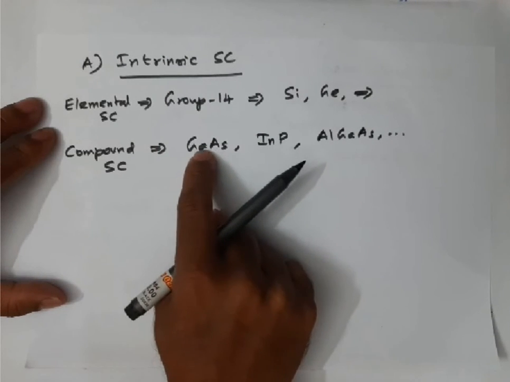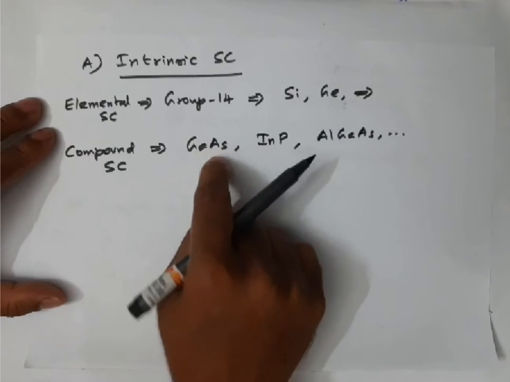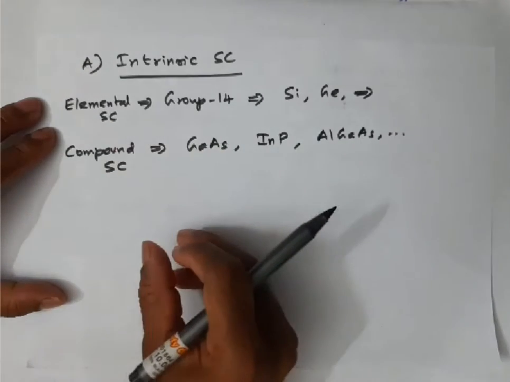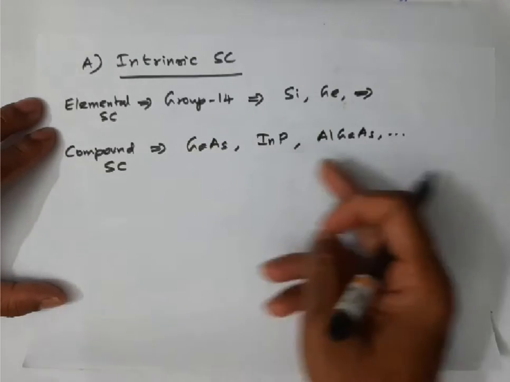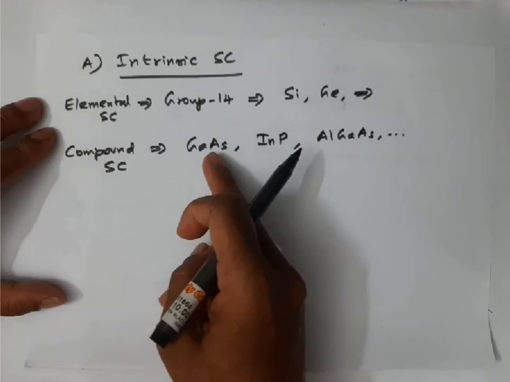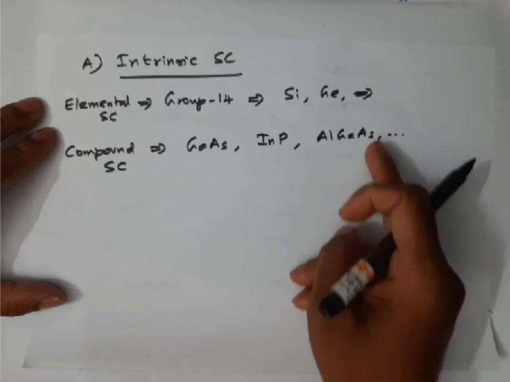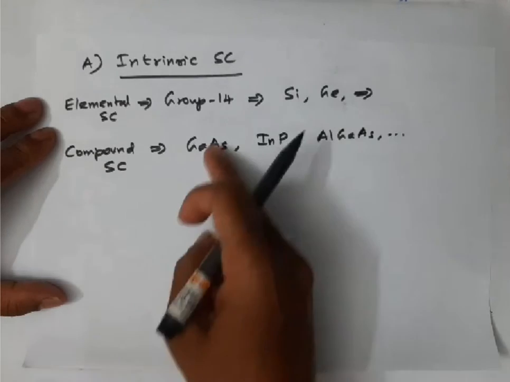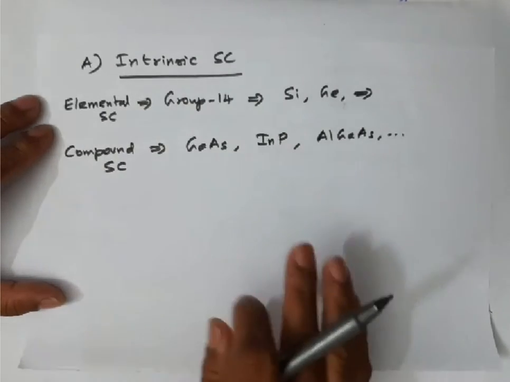Don't think that gallium arsenide means it is a mixture. No. Gallium and arsenic form compounds, and these compounds are pure materials. So pure gallium arsenide, pure indium phosphide, pure aluminum gallium arsenide can also act as intrinsic semiconductors.